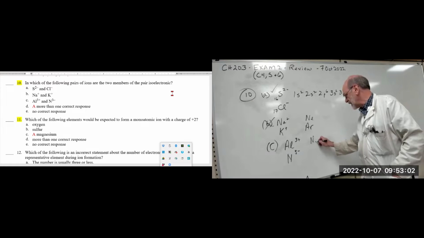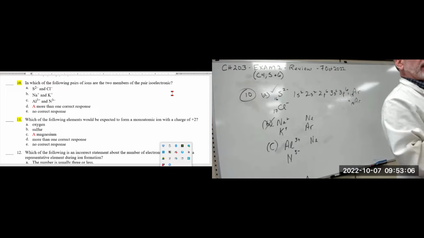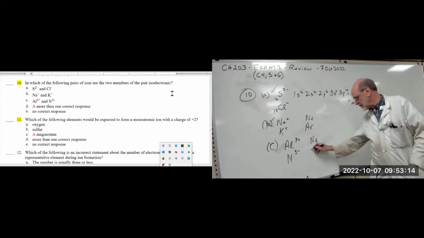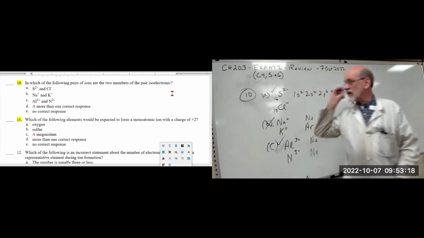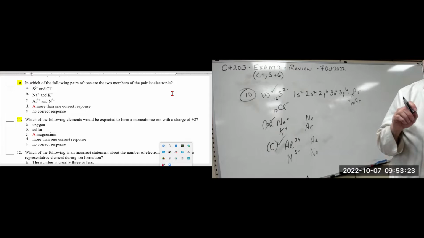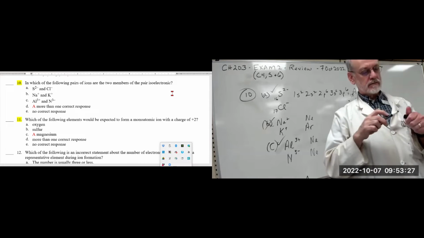So this one looks like neon. How about nitrogen? Nitrogen, we add 3 electrons, so we go to the right. Nitrogen, oxygen adds 1, fluorine adds 2, neon adds 3. So those 2 are correct, and that's why D is the answer. More than 1 correct answer. Okay?